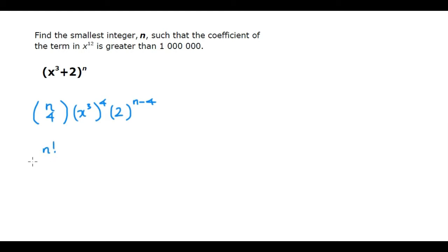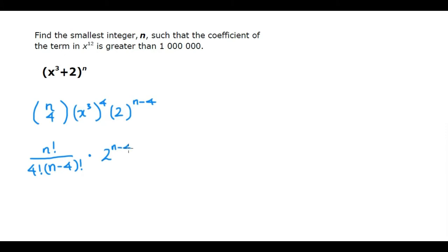And if you want, it's not really necessary, but if you want to switch this into your factorials, I don't think that's actually easier to input into your TI Inspire, but if you want to, you could say this is n factorial divided by the difference of those two numbers in the combination, n minus 4 factorial, and the second number factorial. And I guess that's not a waste, because at least now we can see that if I had gone with n choose n minus 4, the difference would be 4, and the n minus 4 goes to the bottom. And we can see that those two combinations are the same, and it's not really anything to worry about.